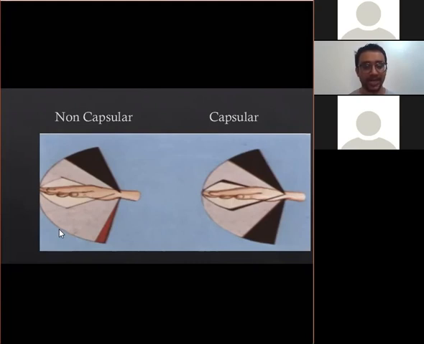So here I was asking, what is the capsular pattern for the wrist? And most of you told me that the wrist gets restriction in both. Okay, Shruti, I will come back to that again. Just follow me here.